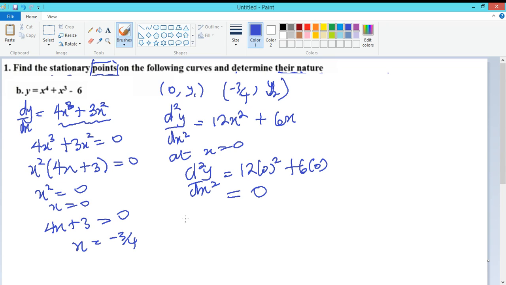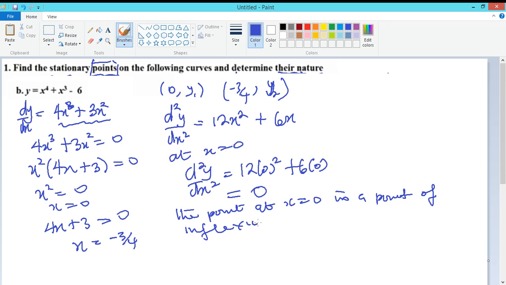This means the point at x is equal to 0 is a point of inflection.